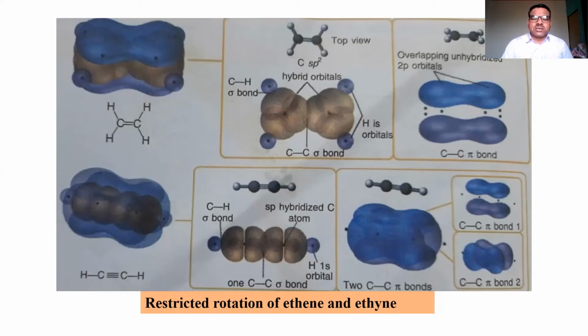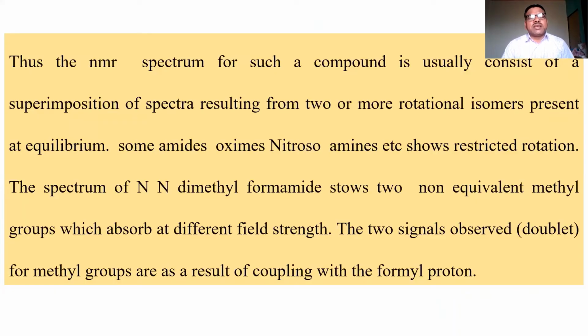So in that case you can say that in ethene and ethyne, restricted rotation is always observed, and this indicates hindered rotation. Thus, the NMR spectrum for such a compound usually consists of a superimposition of spectra resulting from 2 or more rotational isomers present at equilibrium.